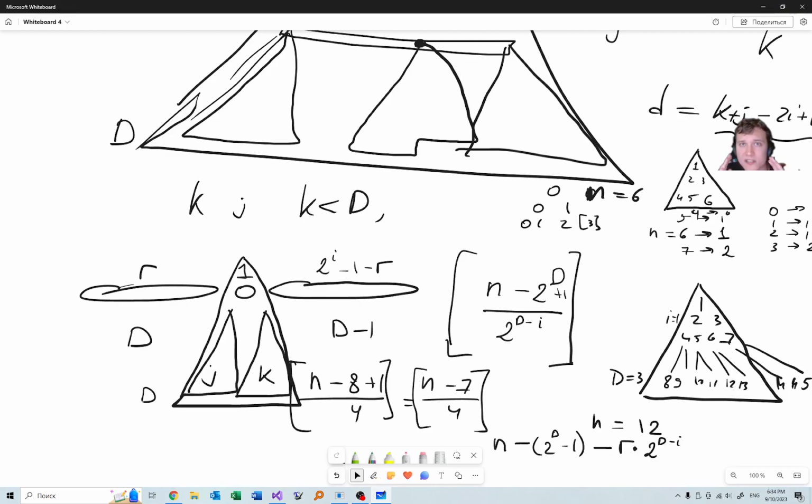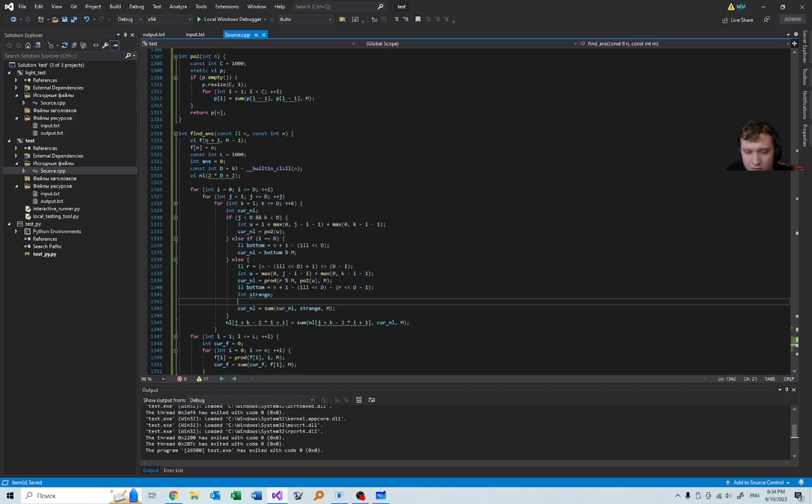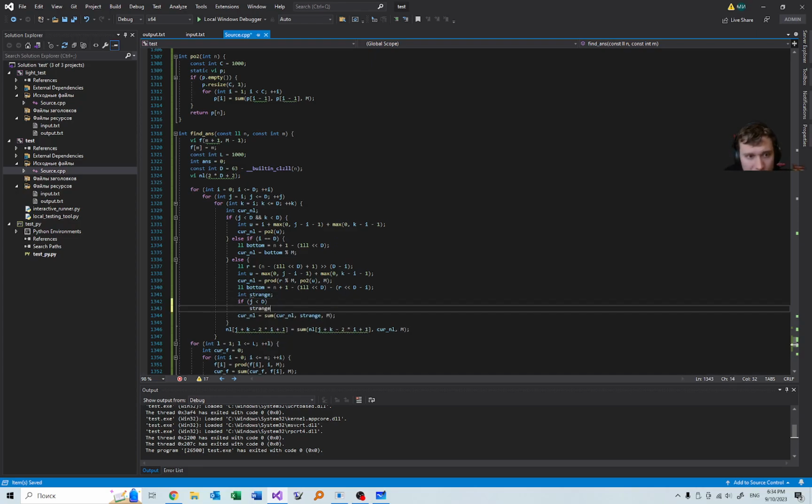We need to multiply the answer for the left part and for the right part. So for the left part, if J equals D, then, okay, first of all, if J is less than D, I take it as usual. I need to take strange equals power of 2 of this maximum.